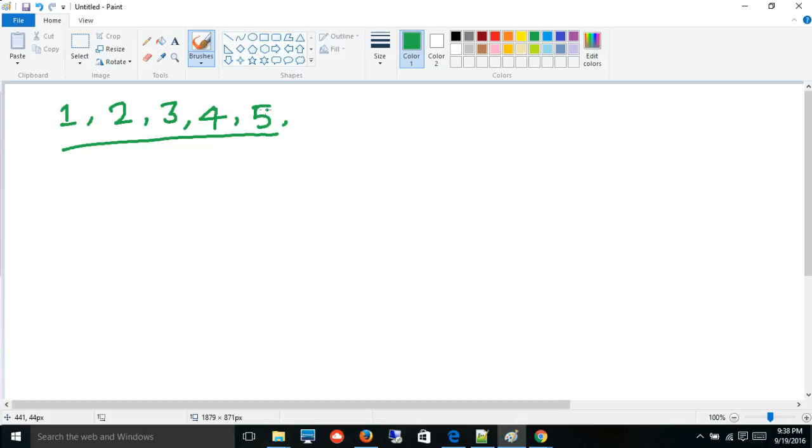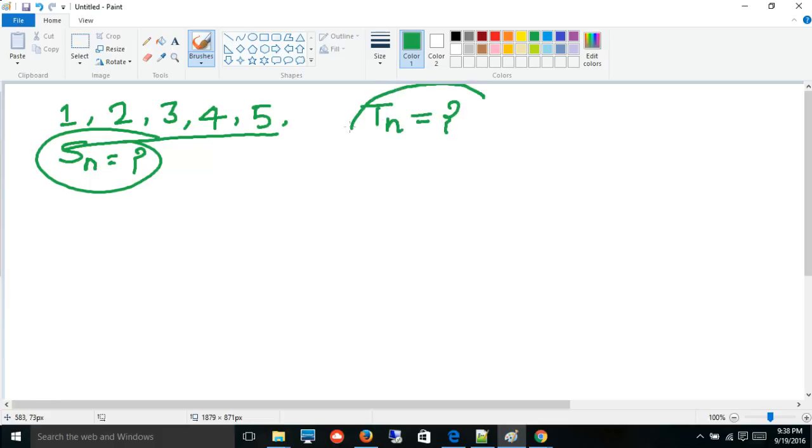In an arithmetic series, the sum of an AP series is denoted as Sn. Like we were representing the terms as Tn, in the same way we have the symbol Sn for the summation of the AP series.